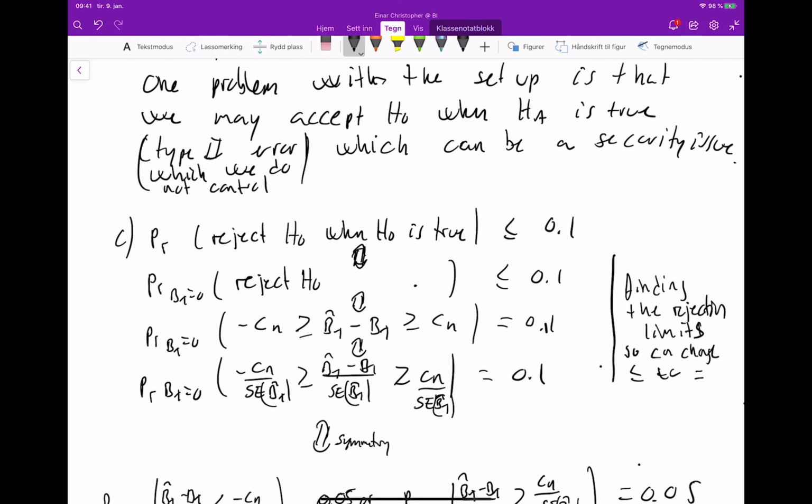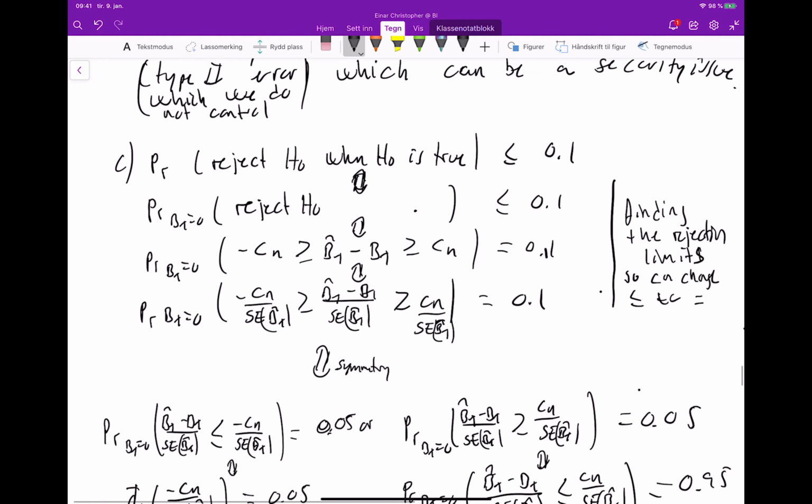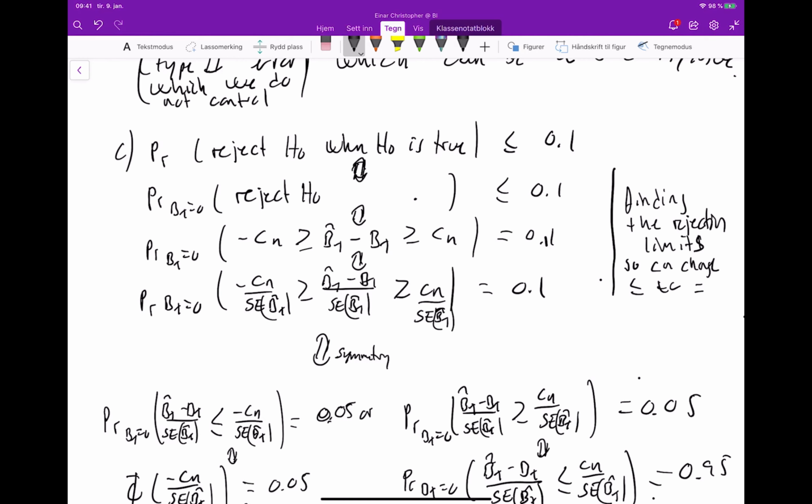Then it's C, and this is the same procedure and thoughts I'm now going to use as we did in exercise 2, B and C. But here everything is in C. So we are going to show what beta 1 hat must be such that we can reject H0.